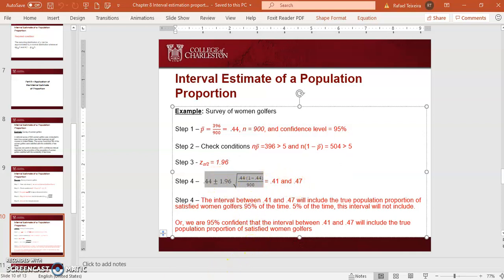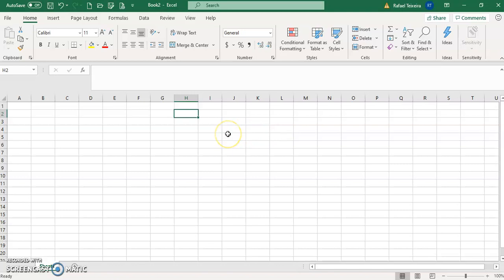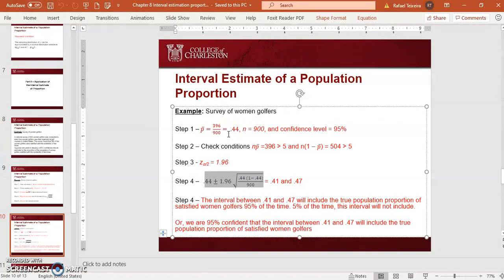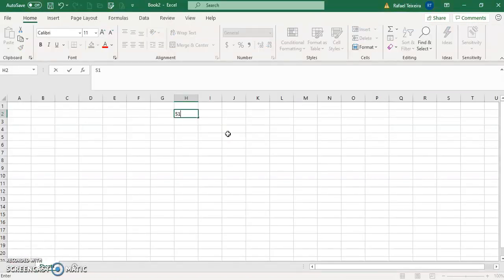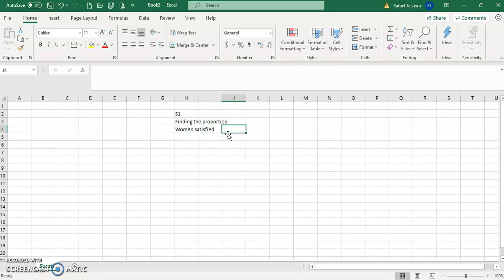Let's see how to do that in Excel, just to demonstrate. Step 1, finding the proportion. I have women satisfied, which is 396, and sample size 900.